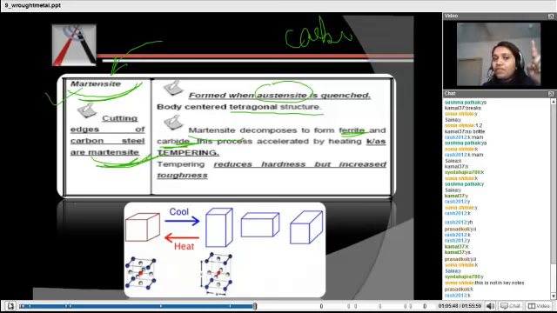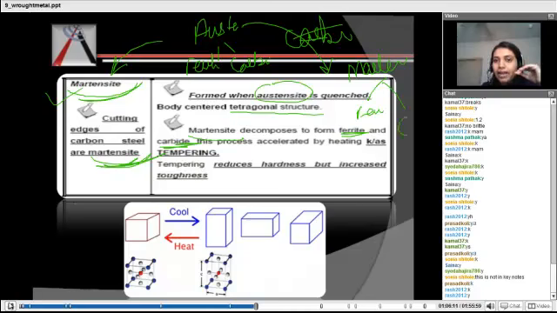Remember in the previous case, we were cooling austenite and getting ferrite and carbide directly. Herein what we are doing is, we are quenching austenite and getting martensite, and this martensite then decomposes to ferrite and carbide. So ultimately we are getting ferrite and carbide, right?